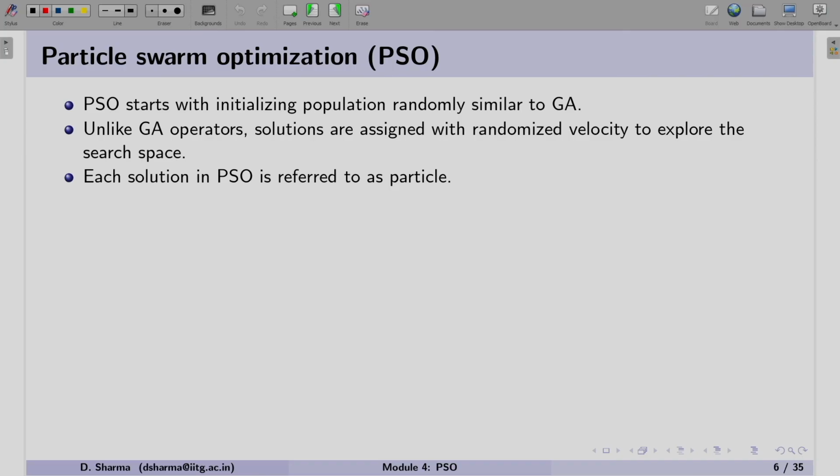An important point with PSO is that the solution in PSO is referred to as a particle. Earlier with genetic algorithm, we sometimes said points, sometimes solutions or individuals. But in PSO, just to make it different from the other algorithm, the point or the solution is referred to as a particle.